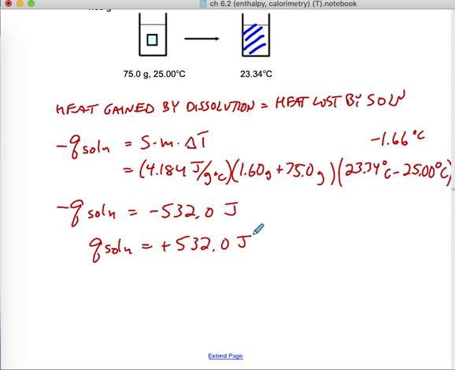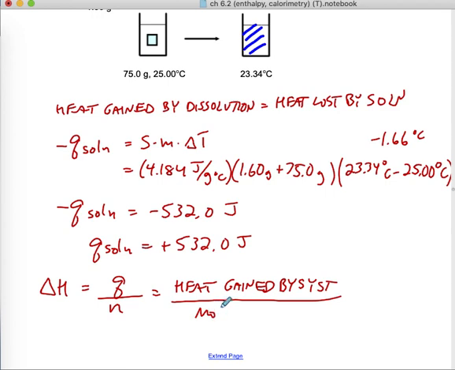Now, the question wasn't calculate Q, the question was to calculate the enthalpy change. So for that, we'll use delta H is equal to Q over moles, or heat gained by the system, divided by moles of ammonium nitrate dissolved.